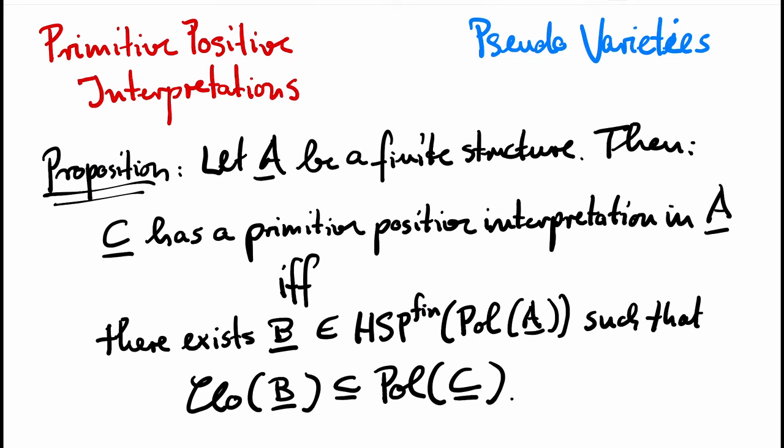We know that the variety generated by an algebra of size at least 2 contains infinite algebras, while the pseudo-variety of a finite algebra only contains finite algebras. However, in the theorem that we've just seen, in the proposition, we were only interested in the finite algebras in this class. So, can we replace HSP fin by HSP in this proposition?